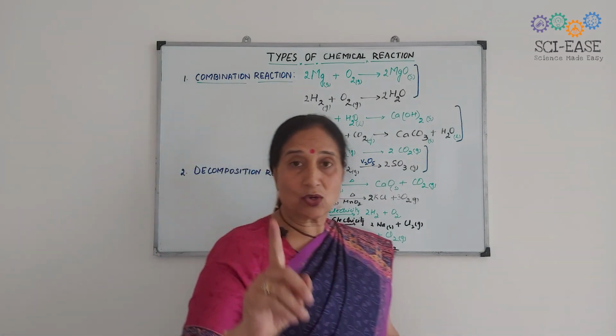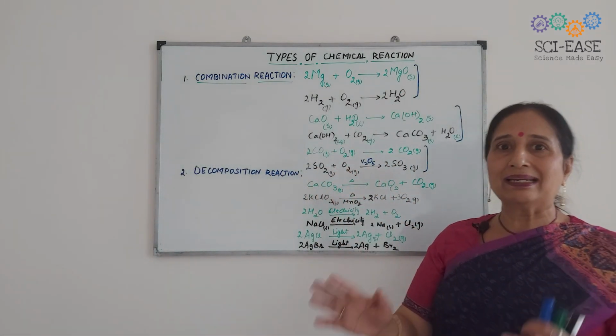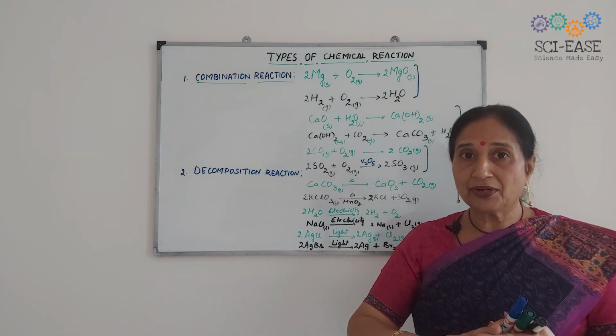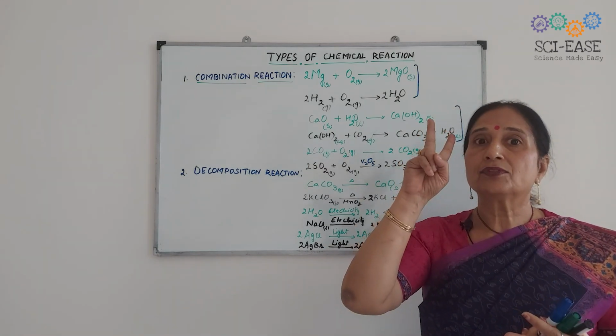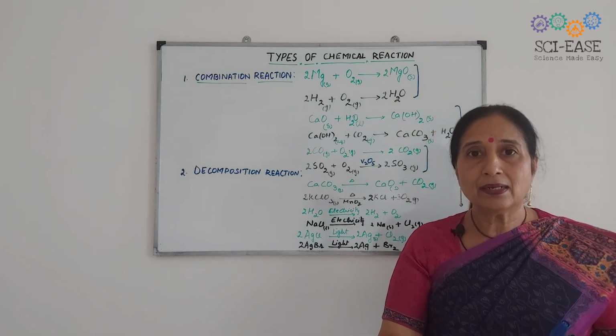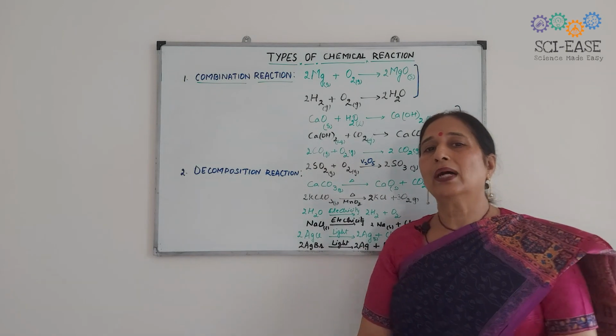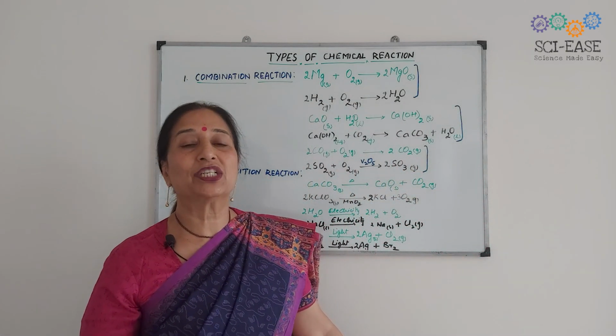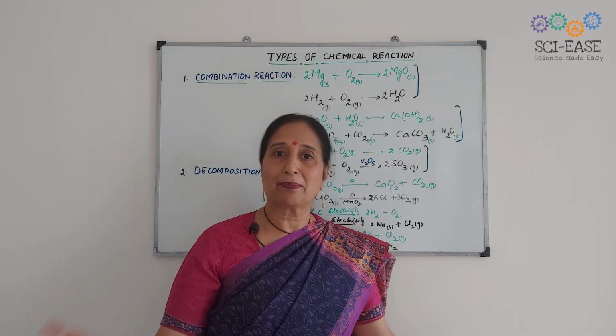So I think combination reaction must be clear to all of you. In combination reaction, either two elements combine or two compounds combine, or one element and one compound combine together, and they result in the formation of the new substance.